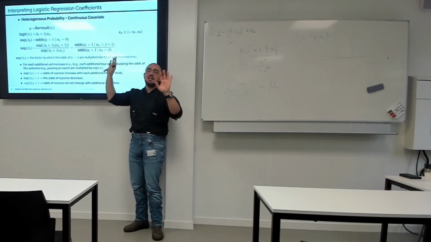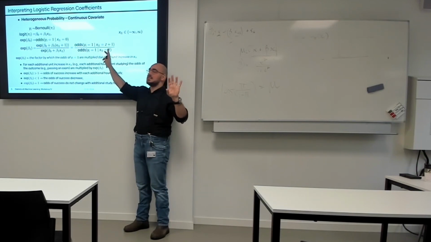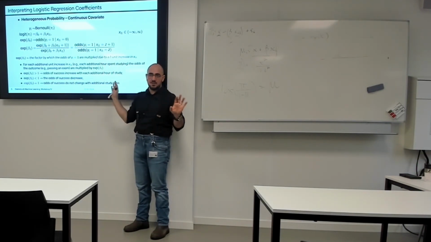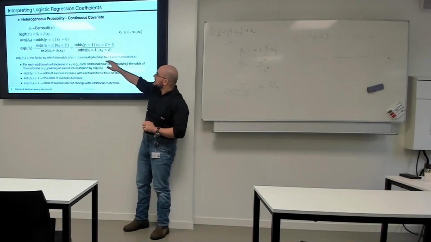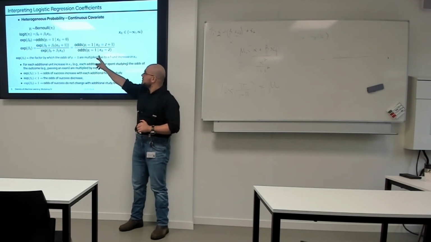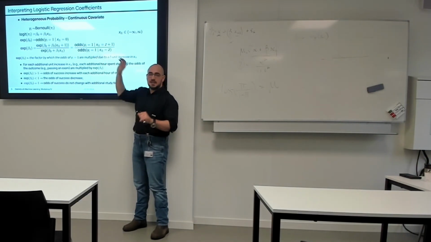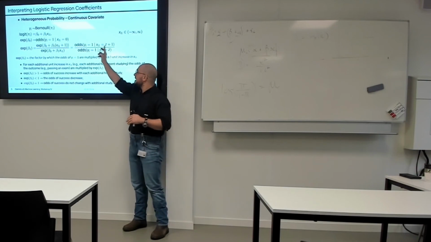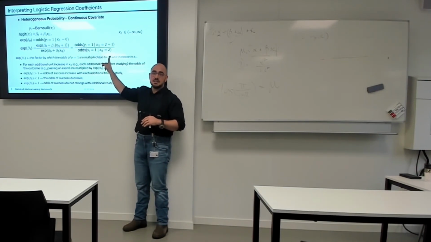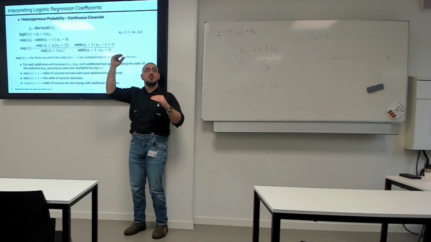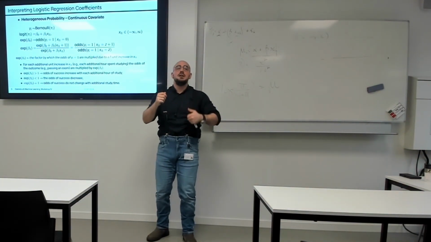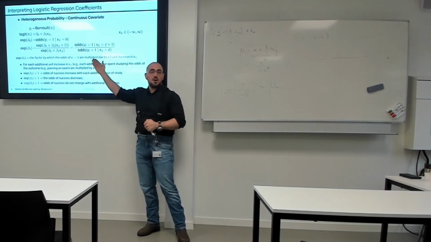If your Z is 0, then Z plus 1 is 1. If your Z was 10, then Z plus 1 is 11. So all this is telling you is the odds of voting for Trump conditional on having whatever value of guns plus 1 relative to whatever value of guns. So for an additional unit in guns, your odds of voting for Trump increase by exp of beta 1.